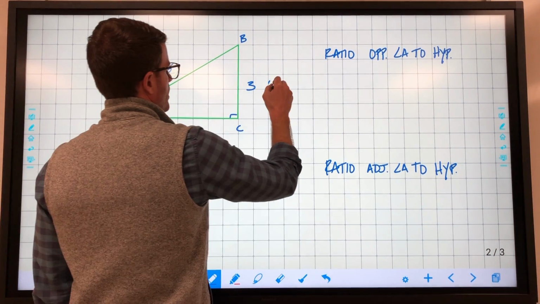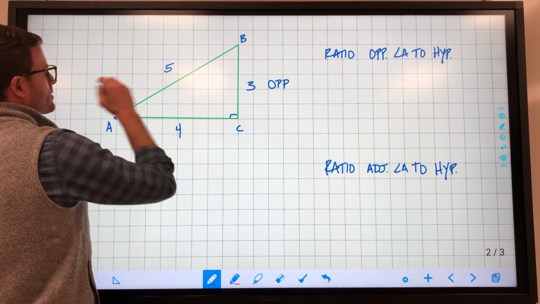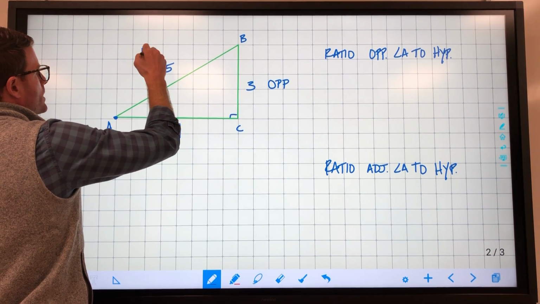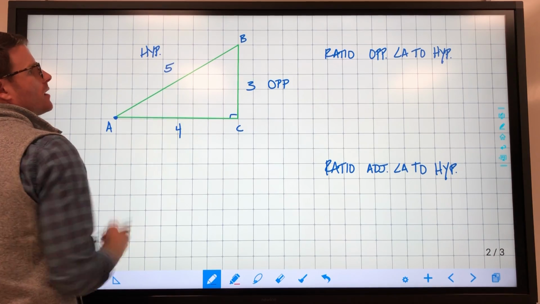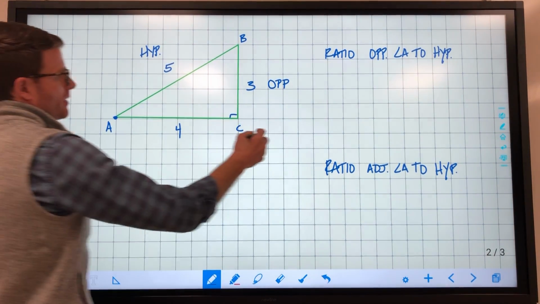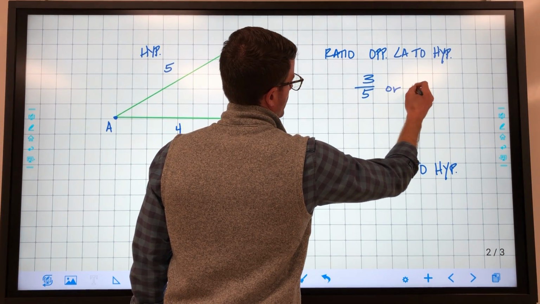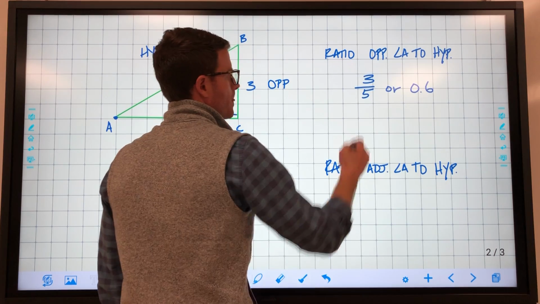That would be here. And my hypotenuse is always going to be across from the right angle and the longest side, so that's here. So what is the ratio of opposite to hypotenuse? Well, that would just be 3 to 5, or I could say 0.6.